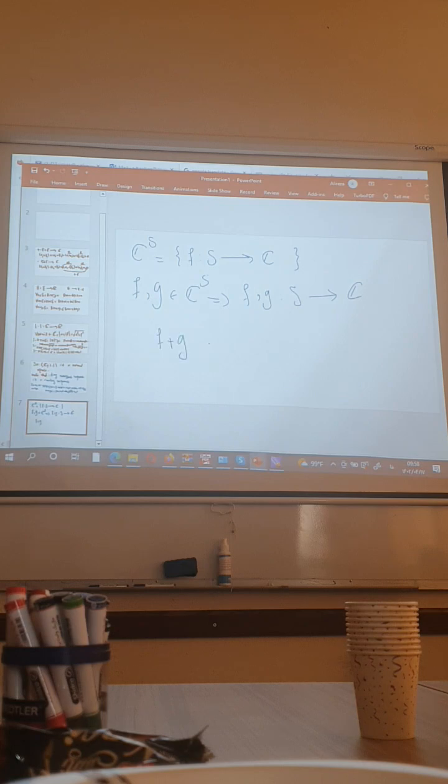We want f plus g to be a function from S to C, okay?